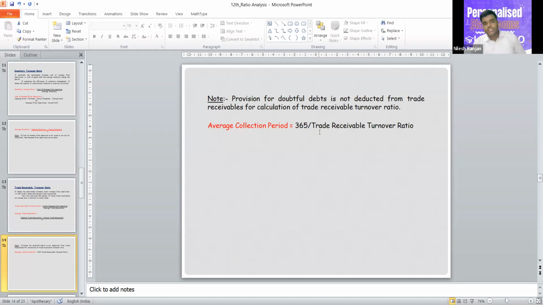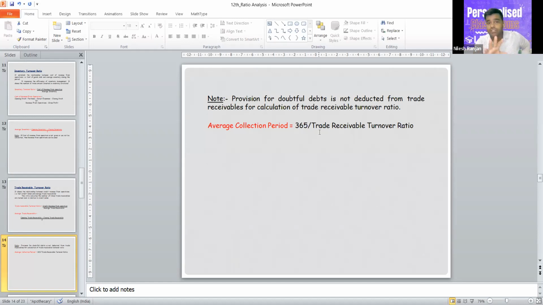Now, you can see a note given here: provision for doubtful debts is not deducted from trade receivable for calculation of trade receivable turnover ratio. Generally, in preparation of financial statements, we deduct provision from debtors because provision is obviously our loss. But in calculation of trade receivable turnover ratio, we have to take gross debtors, not net debtors.